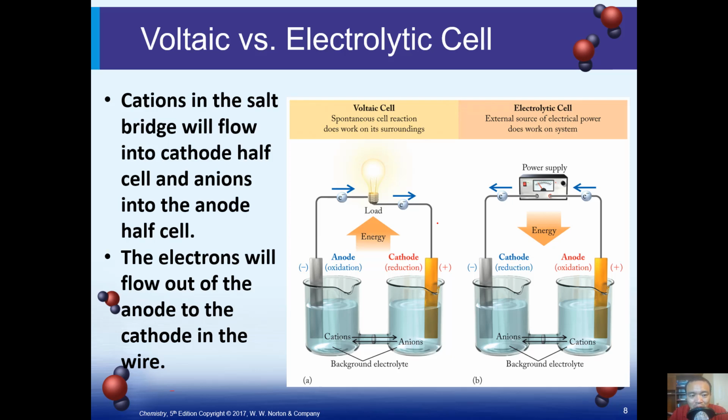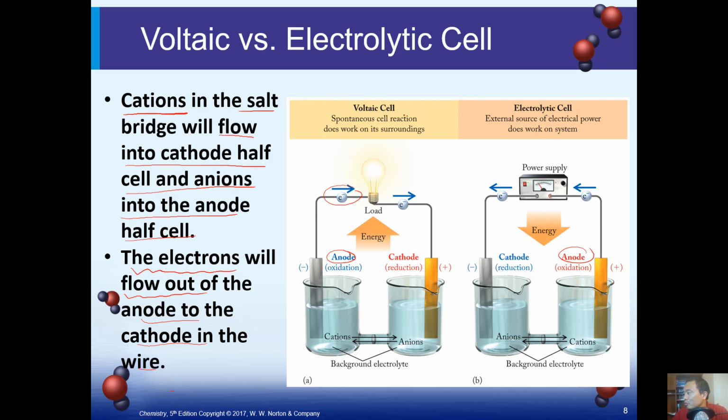But when you compare the voltaic cell and the electrolytic cell, you always see the same flow of the cations and the electrons. You always see the cations in the salt bridge flow into the cathode half cell and anions into the anode half cell. And the electrons will always flow out of the anode to the cathode in the wire. Here's the anode. The difference is the assignment of the plus or minus.